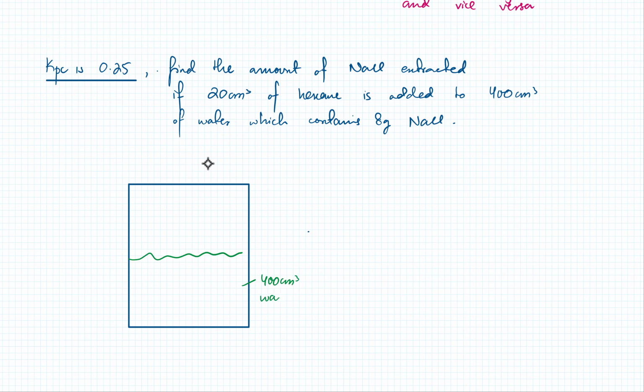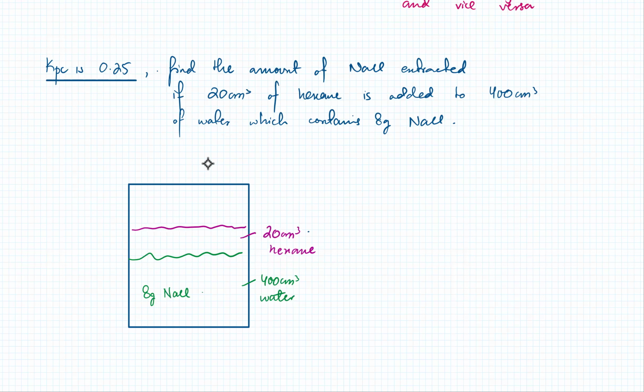So I've got this much water, and the water already contains 8 grams of NaCl. Now he's saying, what is the amount that's going to get extracted or removed if I add 20 cm cube of hexane?